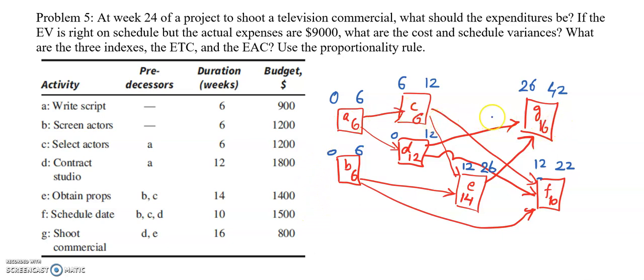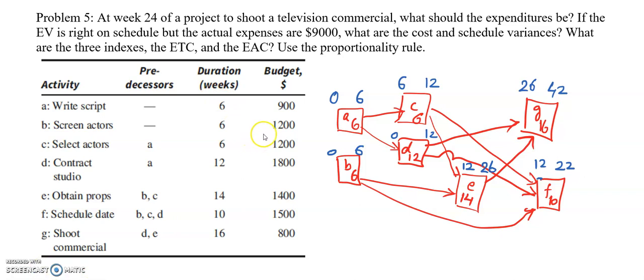Based on this, we can draw a Gantt chart. We have to find the costs up to week 24, because for this purpose we have to see the situation up to week 24. So we can see within this week 24 what the situation is, and for this we can draw a Gantt chart.